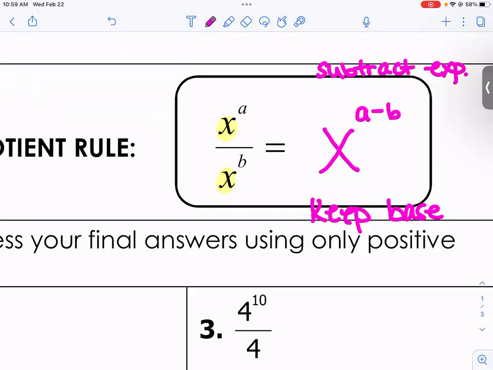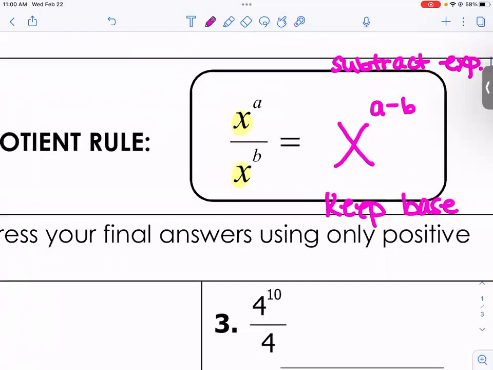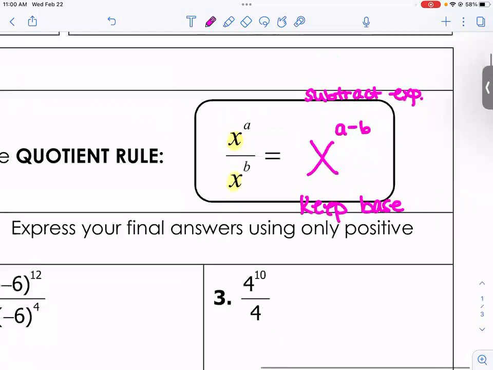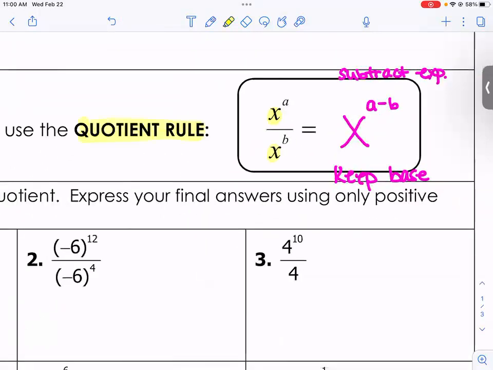Okay, so the base stays the same. And since we're dividing, we're going to subtract our exponents. Okay, we call this a quotient rule because division is quotient.